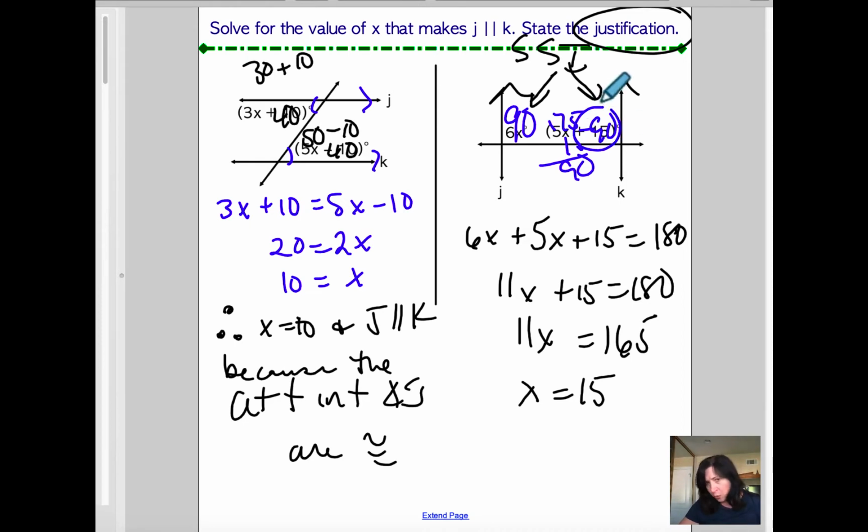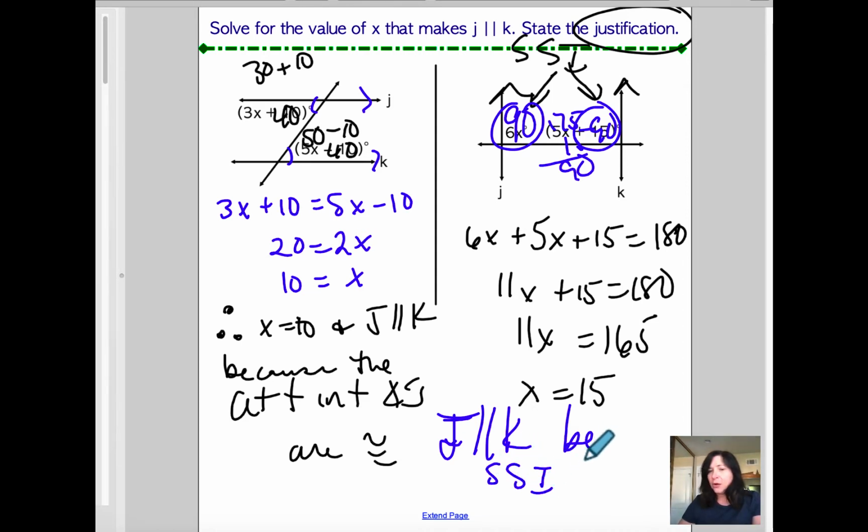This also would be 90 degrees. So because these two angles are supplementary, J is parallel. This is what you would say. J is parallel to K because the same side interior angles are supplementary. And then you would state that.